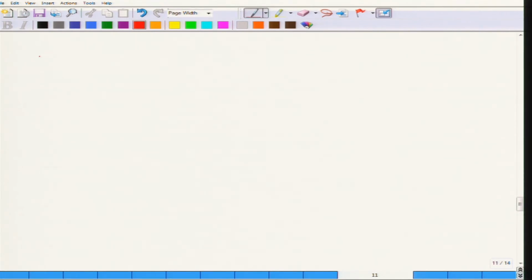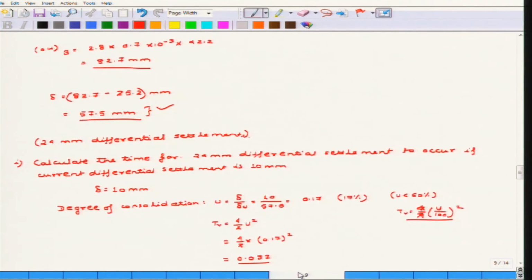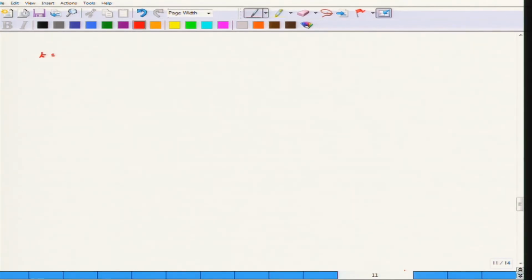Now, just rearranging this formula, you have found out the coefficient of consolidation Cv for the differential settlement of 10 millimeter, which is the present ongoing differential settlement. Now, considering the differential settlement of 24 millimeter, Tv into H squared by Cv gives the time required for the differential settlement to occur.